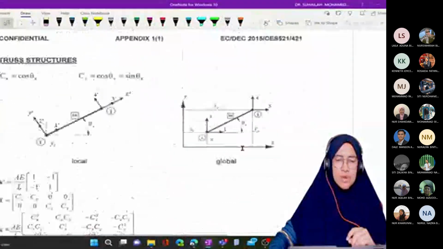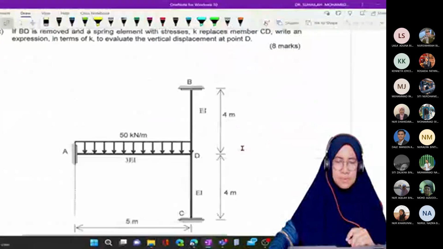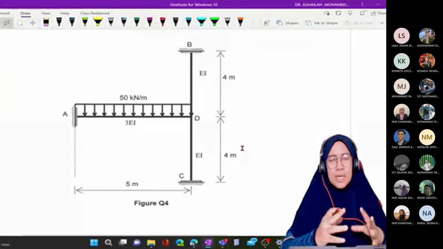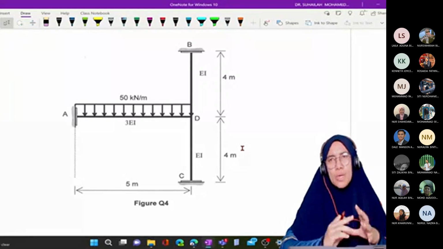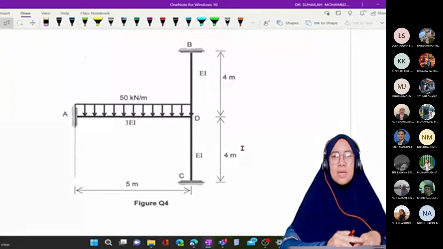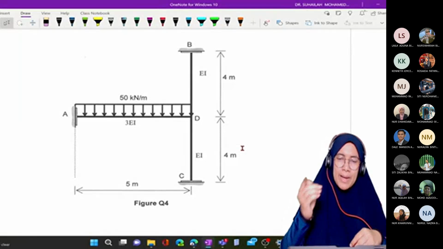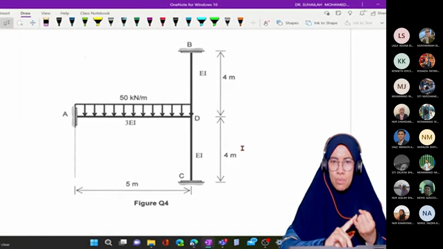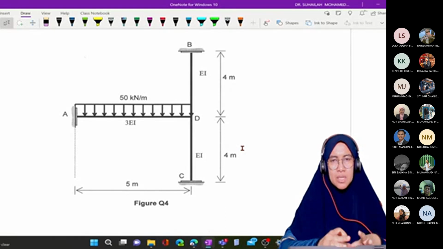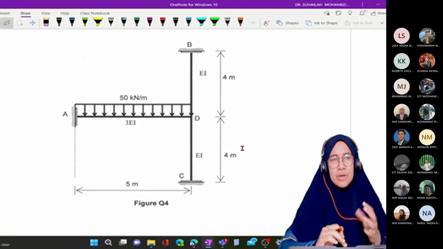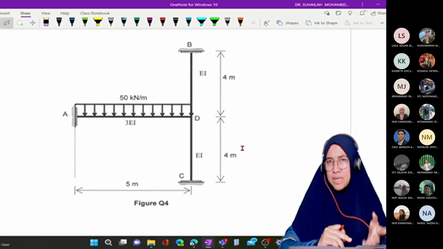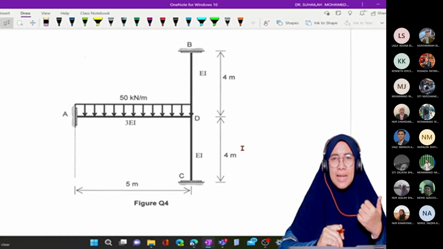Okay, go back to the question. So this will be the question. So we actually have to combine what we do in truss and beam. We combine into frame. So number one, the structure must have node number. A, B, C, D also accepted. Okay. Element number.